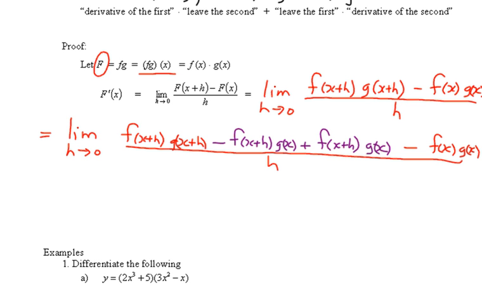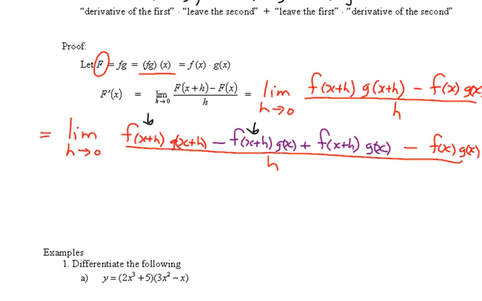I am now going to break it into two limits. All right? Do you notice something in common here? Look at this. Do you see that there's an f of x plus h in common? Okay.